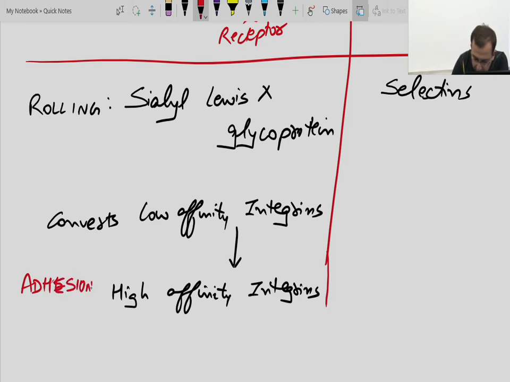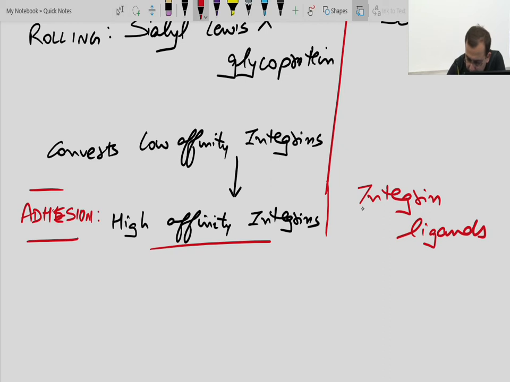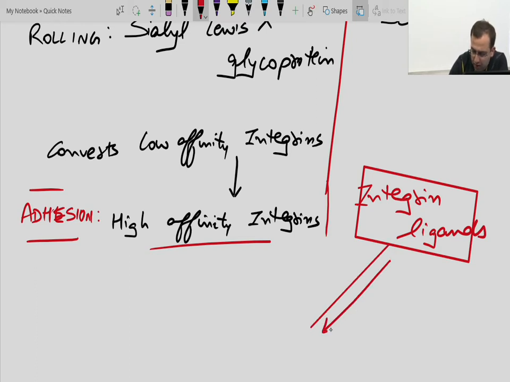Adhesion occurs because of binding of high affinity state integrins with integrin ligands. Next point, integrin ligands. I can subdivide them into two types.